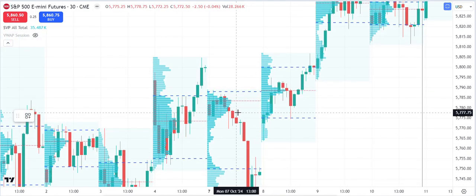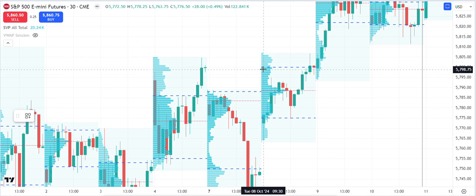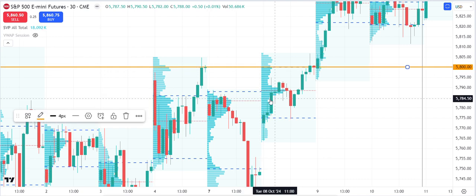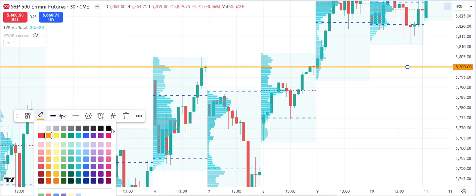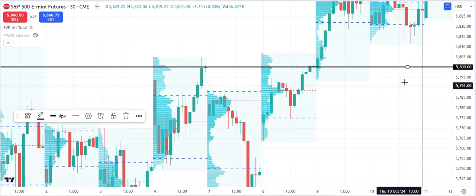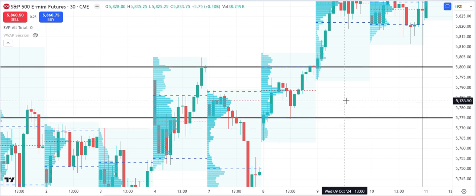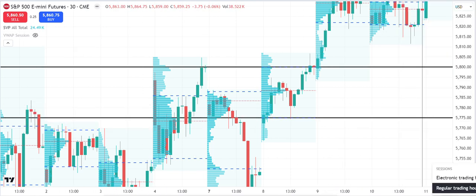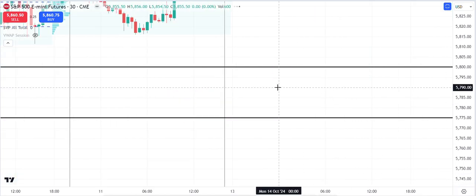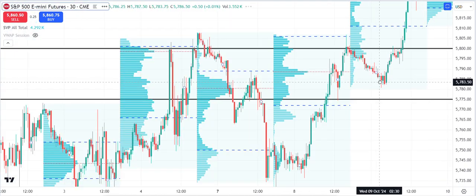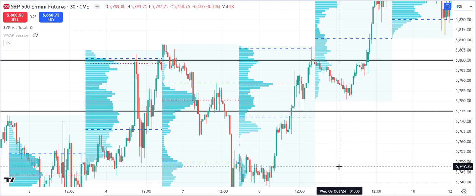Let's say this day, Tuesday, 8th of October. Make this black again. Value area high, value area low. And now we're going to go to ETH time, 8th of October. Now you'll see those value areas are much different.